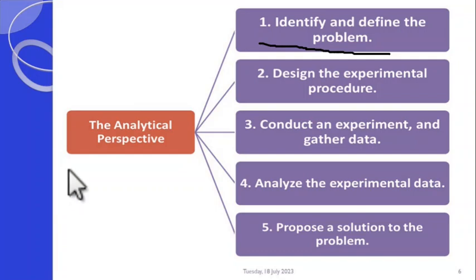From number 1 to number 5, that is identification to proposing a solution, is what we are saying to be the analytical perspective. Now, let us look at some of the terms in analytical chemistry.